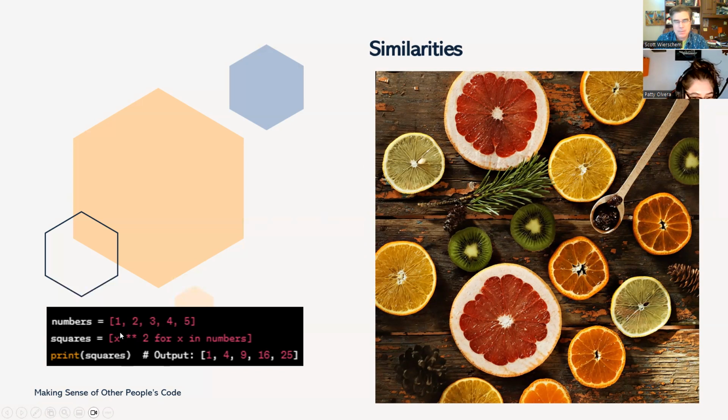A comprehension is basically a way to generate an array and do an operation on each member of the array. We want to make sure we remember how to do this correctly so that we can write it correctly, or at least recognize it when we're reading it.